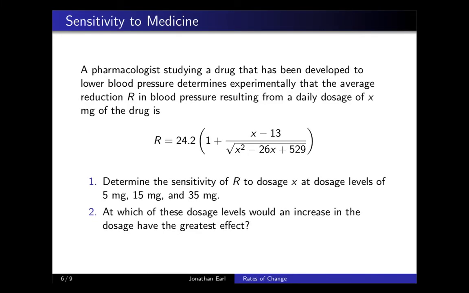Okay, so the next example that we have is a function R, which is measuring blood pressure based on the dosage of some drug. So our dosage is measured in milligrams, and our pressure is measured in millimeters of mercury, so standard units of pressure.